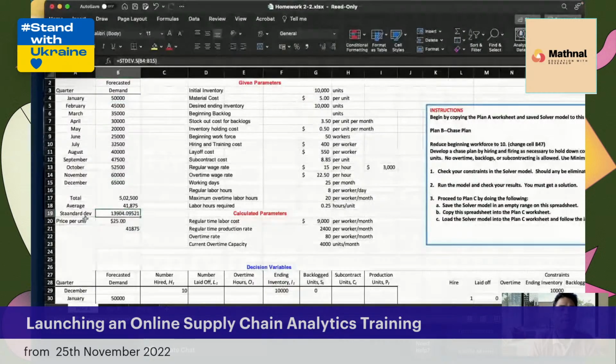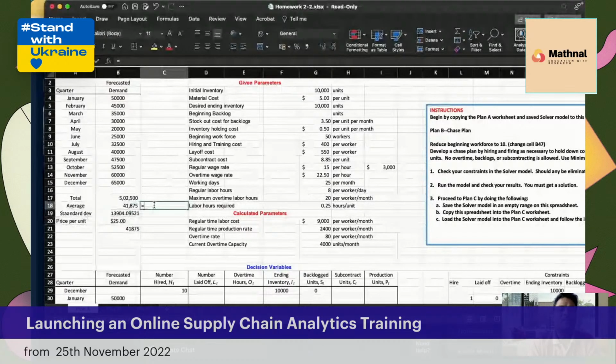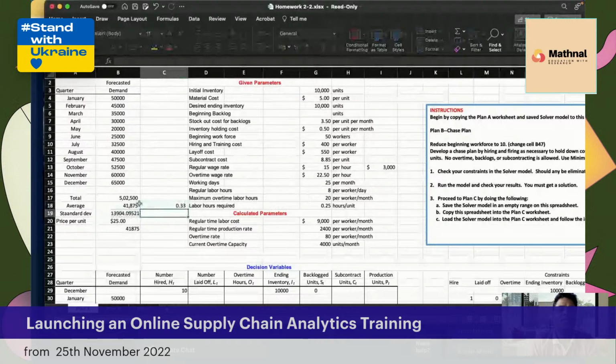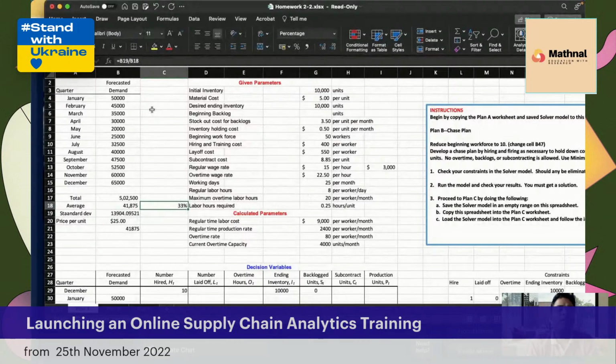To calculate variability percentage, I divide the standard deviation by the average, and this gives me around 33%. So the variability in demand is almost 33% of the average, which is not very high. This is a very reasonable variation we can expect.